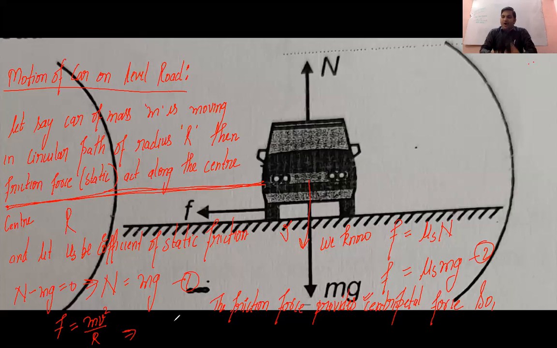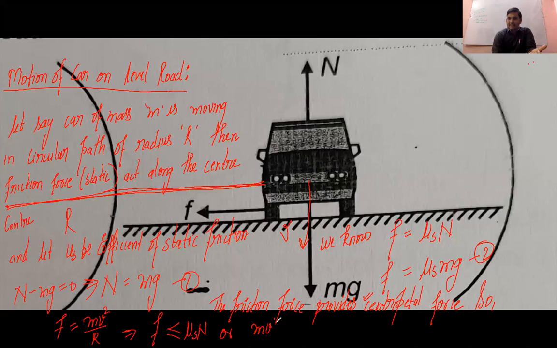Then it will not be possible to revolve in a circular path. So we should remember this. This friction force must be lesser than or equal to mu s into N, or we can put the value in place of f from here.